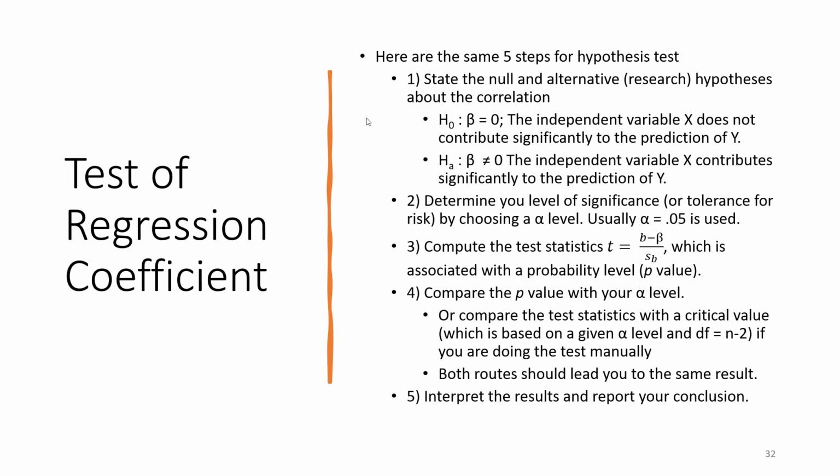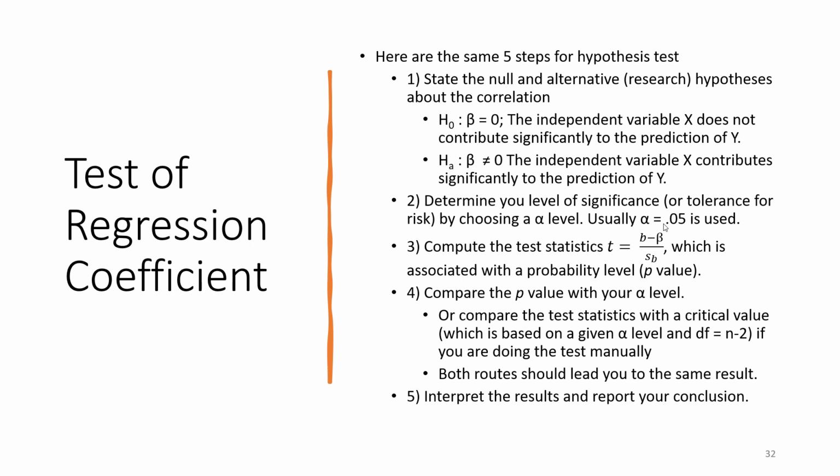The test starts with the null hypothesis, which states that the regression coefficient is not significantly different from 0, meaning that the independent variable does not significantly contribute to predicting y. The alternative hypothesis states that the regression coefficient is significantly different from 0.